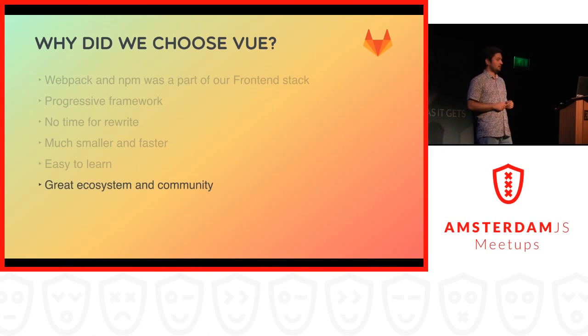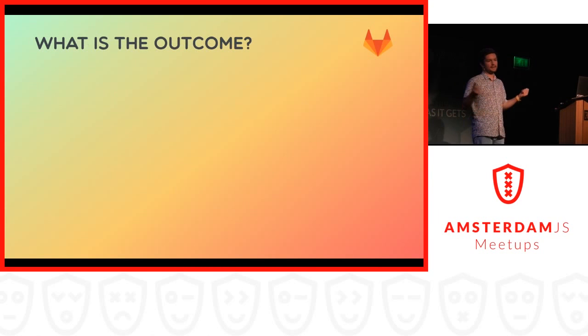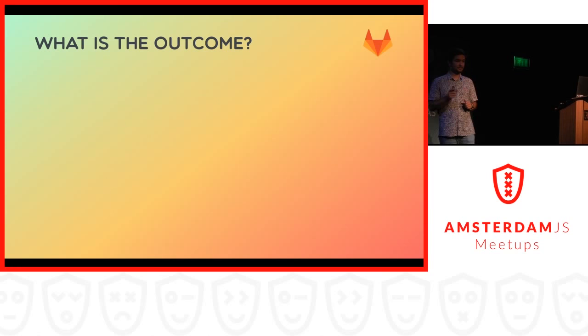Vue also has a really great ecosystem and community, and I believe it is the most starred project on GitHub right now. Again, the star count doesn't say anything about quality, but it shows that it's a trending project and that it has attention from the JavaScript community. So that's something nice. So what is the outcome?